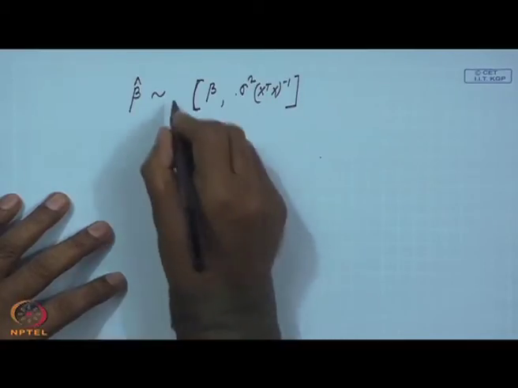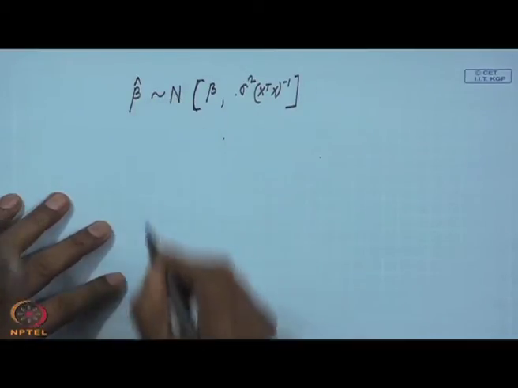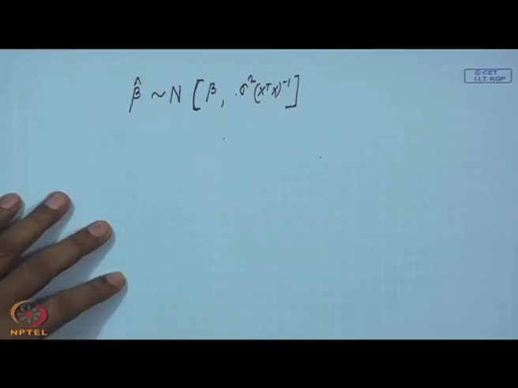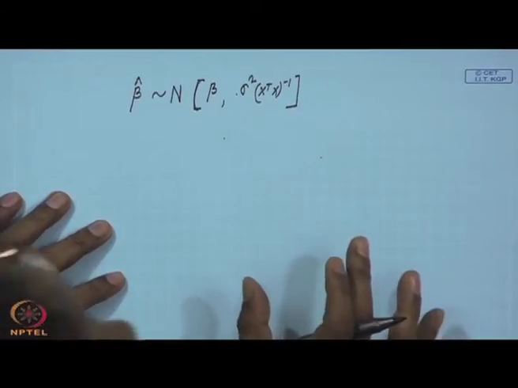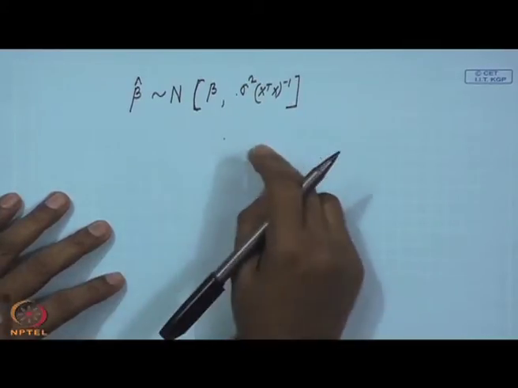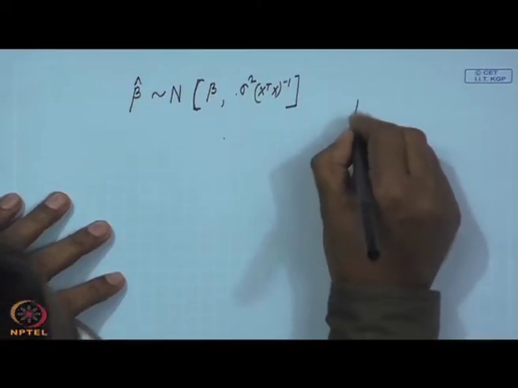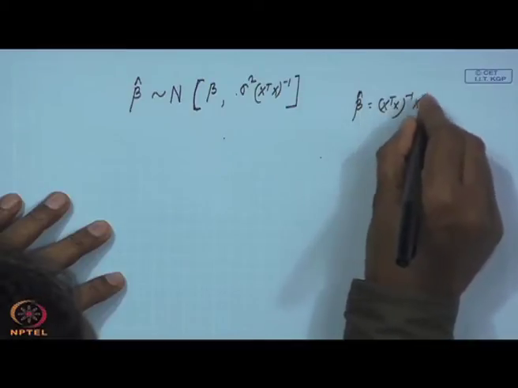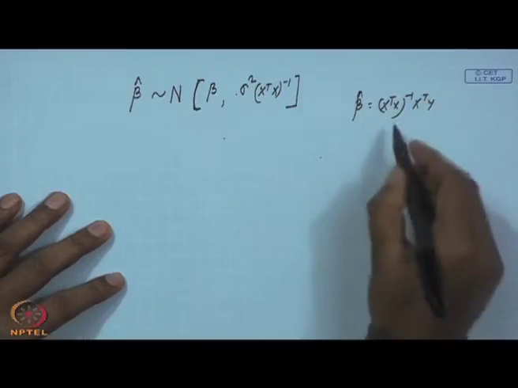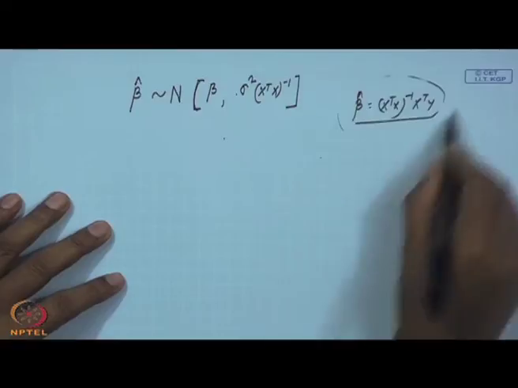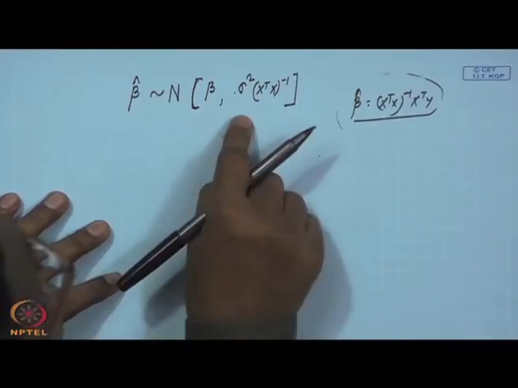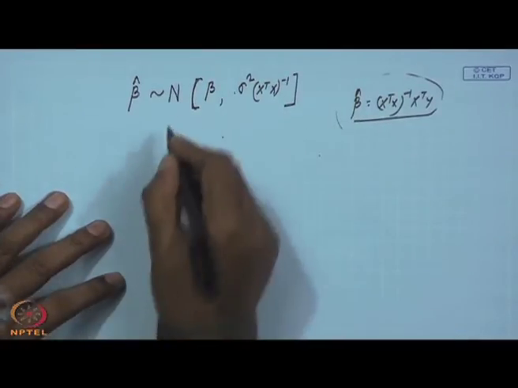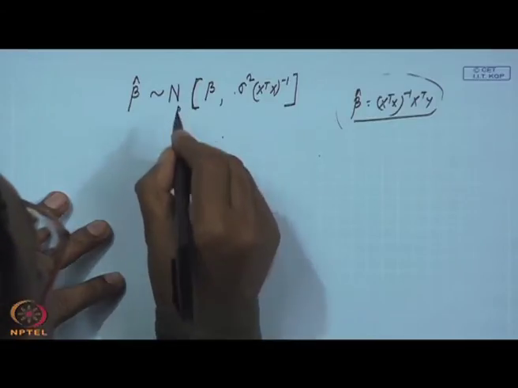What will be the distribution? Its distribution will be multivariate normal. This is the assumption: we started with data coming from a multivariate normal, and the way you have estimated beta cap is (x transpose x) inverse x transpose y. Because of this multivariate normality assumption, this will also become multivariate normal.